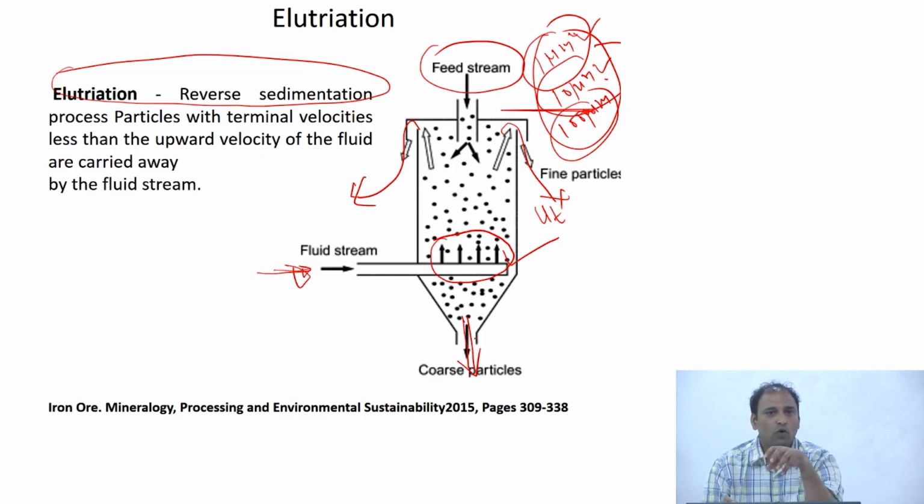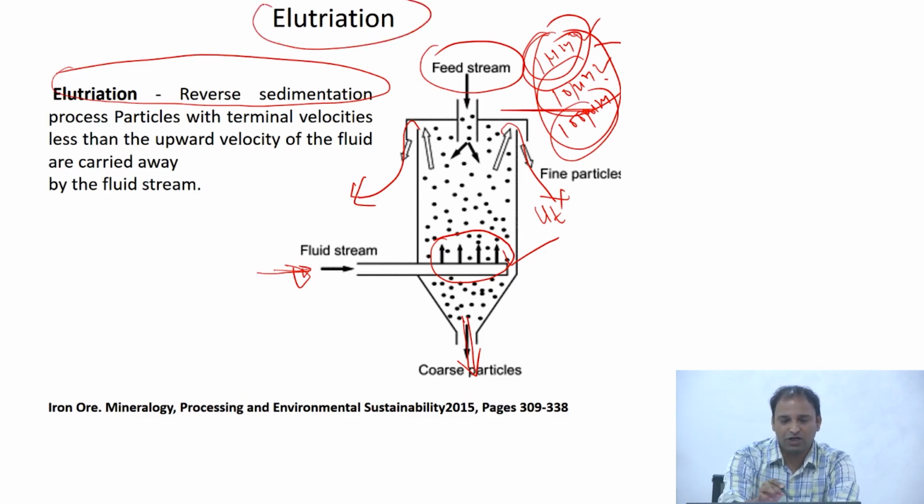Therefore I can manipulate the fluid stream velocity, and by design I can say, I only want 1 micrometer to come out, or I want a mixture of 1 and 10 to come out. That's how the separation is typically done in elutriation.